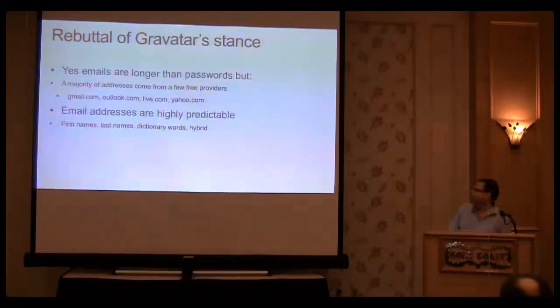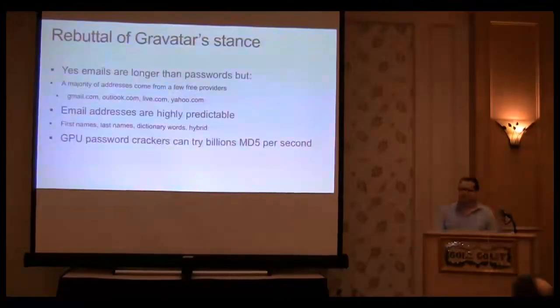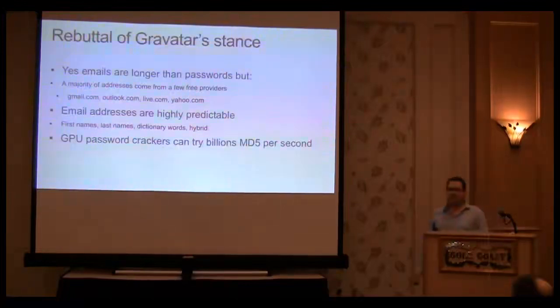It's very often first name, last name, dictionary words, and hybrids like first name dot last name, first letter of first name plus last name, stuff like that. There's not so much entropy, in fact. And you don't need a monstrosity to crack them. You saw Jeremy's machines and also Rick's machines. Nowadays, everybody has a password cracker with GPUs in his bedroom.